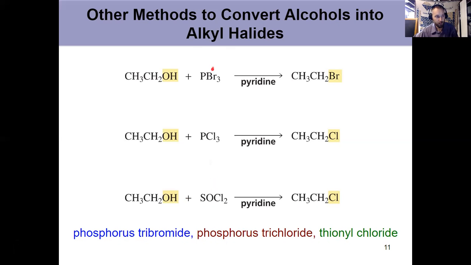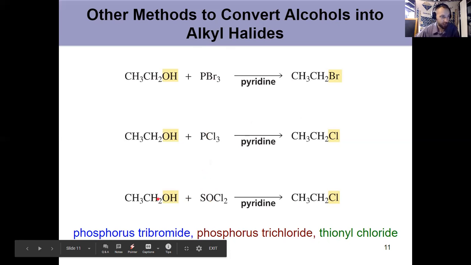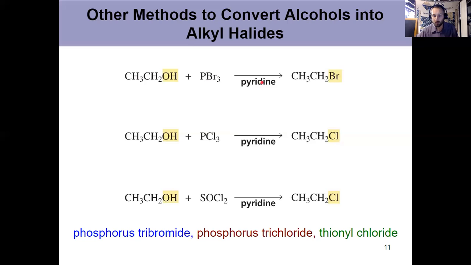Take any one of those reagents using pyridine as a solvent, and you can convert your alcohol to an alkyl halide. PBr3 will put on bromide, PCl3 will put on chloride, SOCl2 will put on chloride. That's fairly obvious here which halogen gets added, but make sure if you're using one of these, you also list on the test pyridine as a solvent.